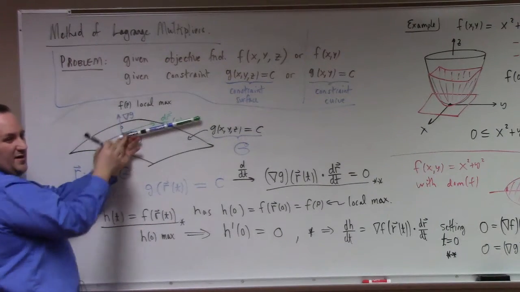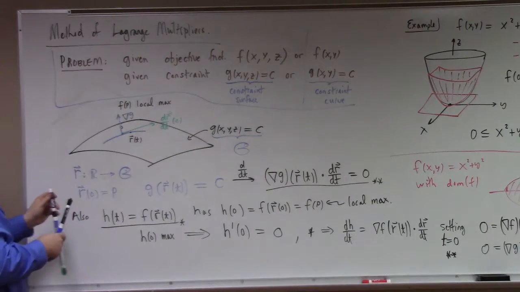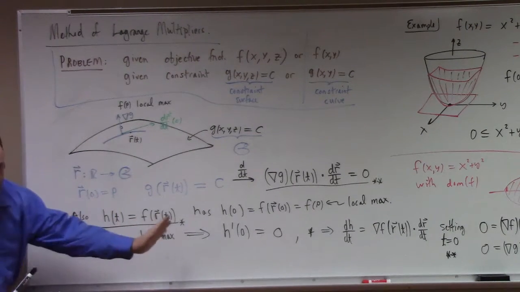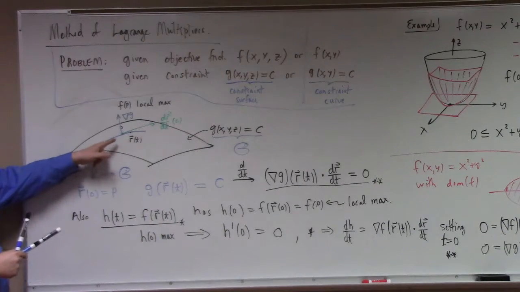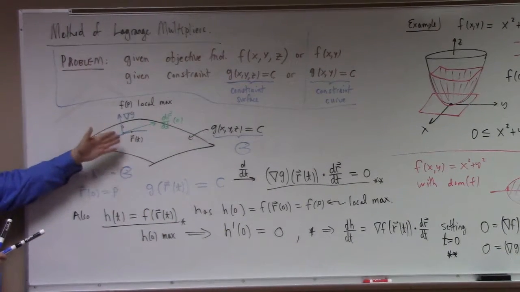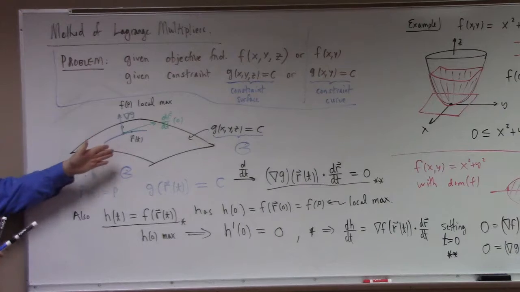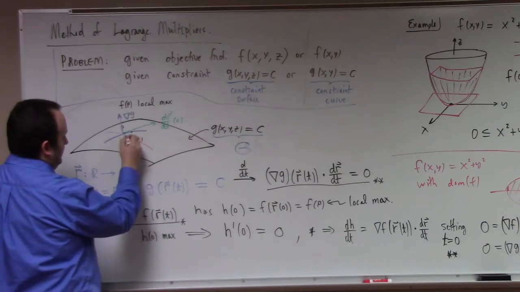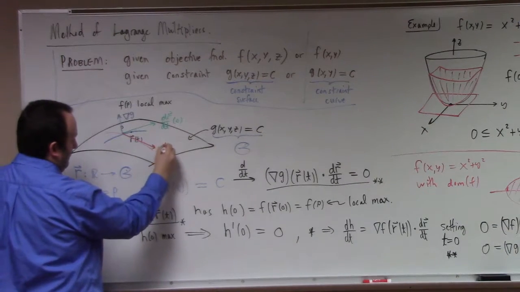But here's where it gets more interesting: this calculation we just did is good not just for one curve through the extremal point, but for all possible curves through the extremal point. You could picture a different curve, say r2 of t, which had a different tangent vector like this one, right?